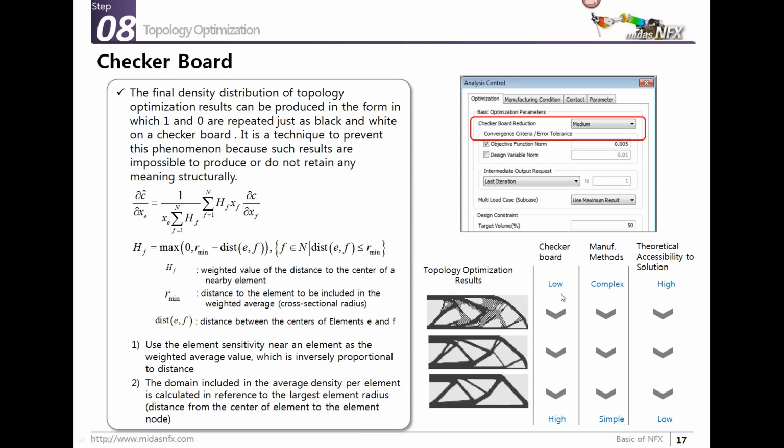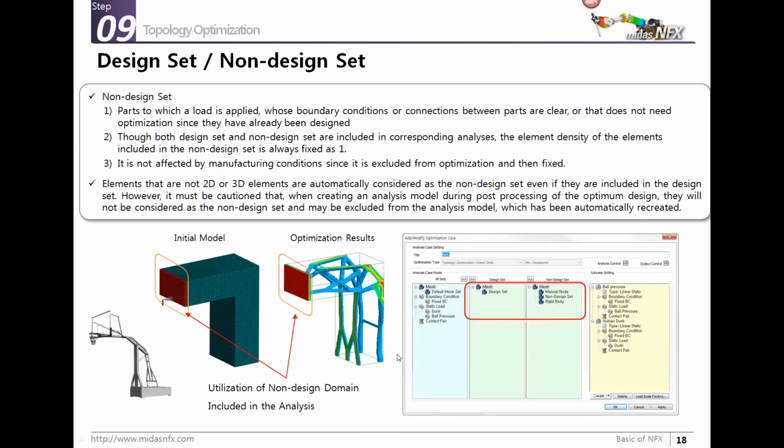So if the checkerboard option is set to low, for example, then you'll have something like that, but the manufacturing method will be more complex, but it will correspond more to the theoretical result. If your checkerboard is set to high, then it will be much simpler to manufacture the parts, but at the same time it will not really correspond to the theoretical value. Okay.